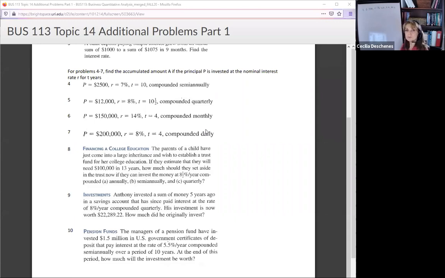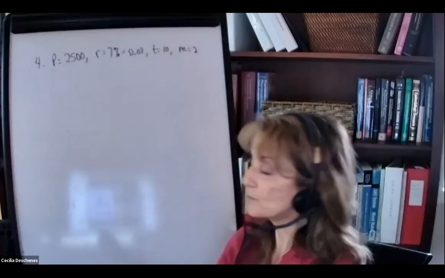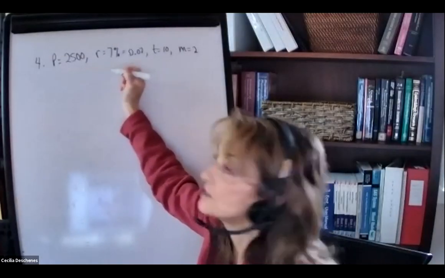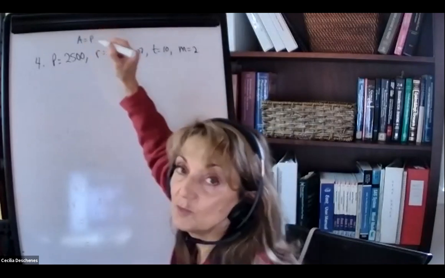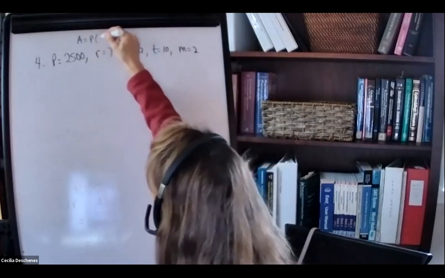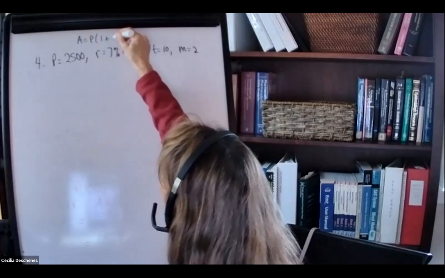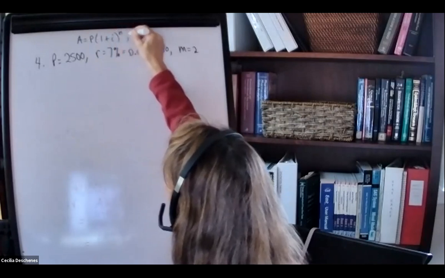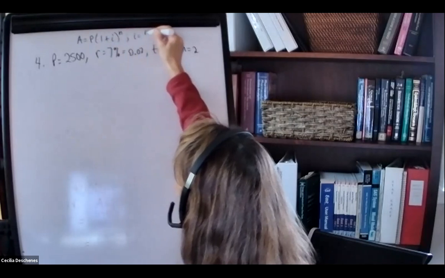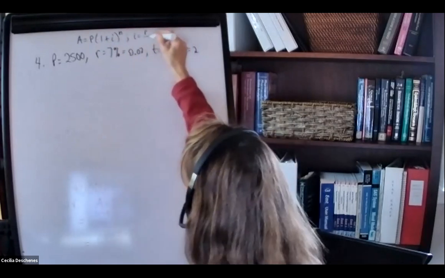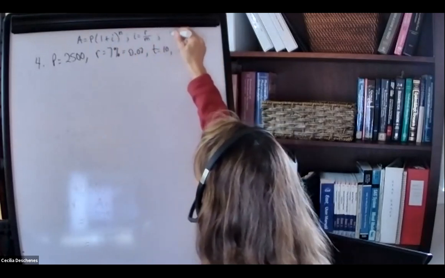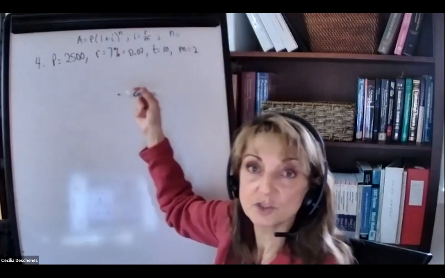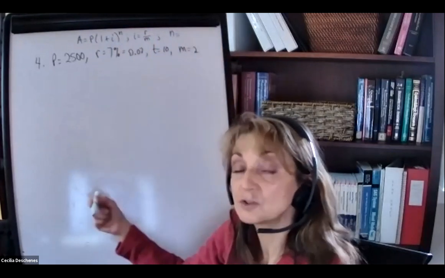For all of these problems, we're going to need to use our compound interest formula. So remember our compound interest formula, I'll write it up top: A, the accumulated amount, is the principal we start with, times the quantity 1 plus i, raised to the n, where i, remember, is the nominal or annual interest rate divided by the number of conversion periods, or the m, and our n is the number of total conversion periods that we are going to be accumulating interest over.